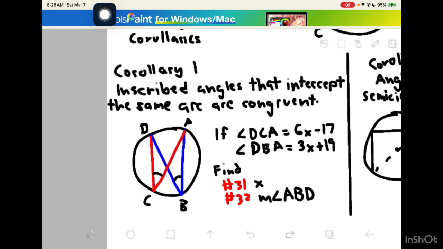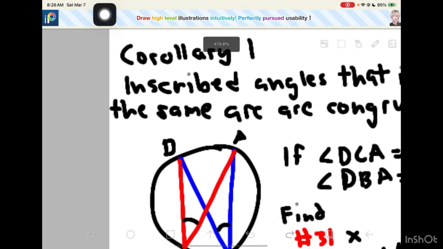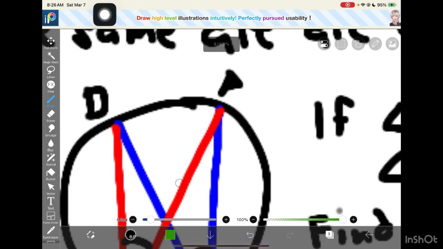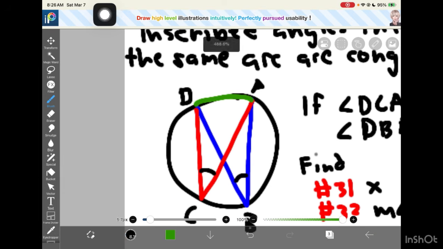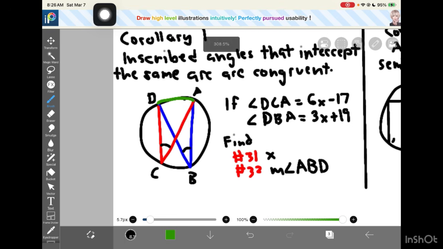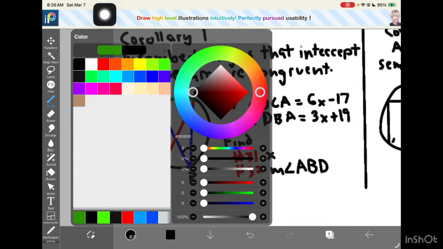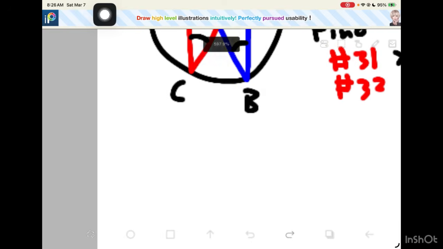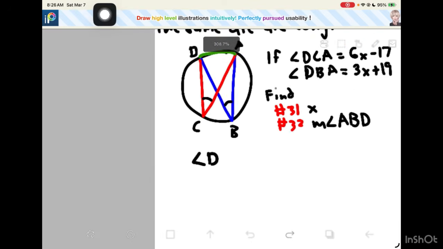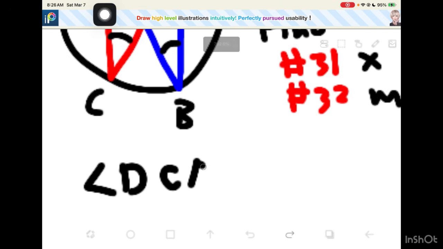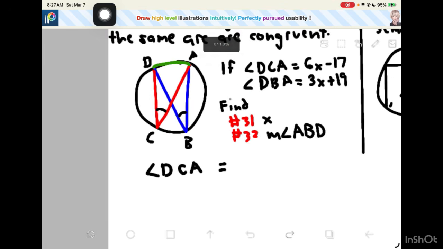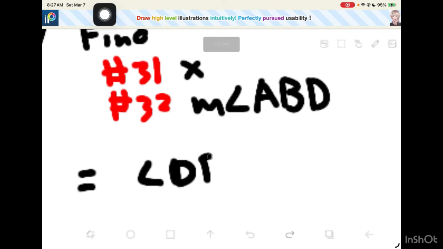So what does that mean? As we can see over here, let's highlight it in green. The red angle and blue angle are both intercepted by arc AD. Since they're both intercepting the same arc, we can say that angle DCA is equal to DBA.